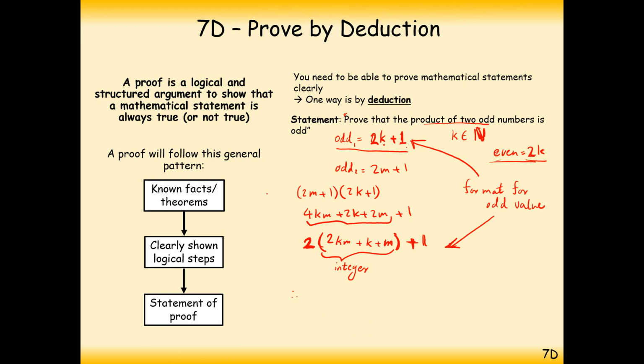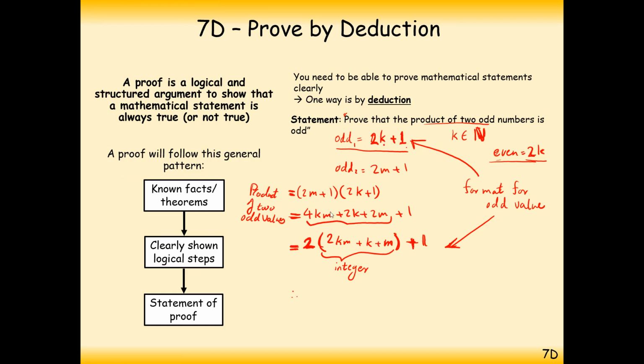So the product of two odd values is odd. Then you write equals so that the examiner follows this line here. These equal signs, when they come under each other, make it nice and neat, and the format makes sense. So let's look at the next example.